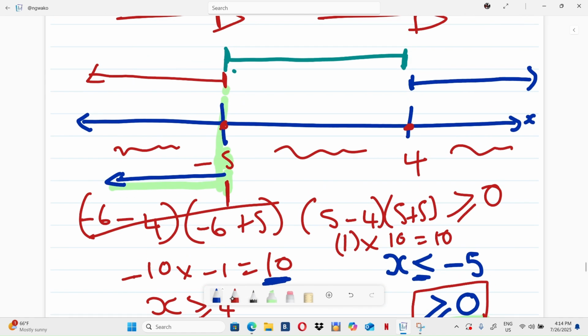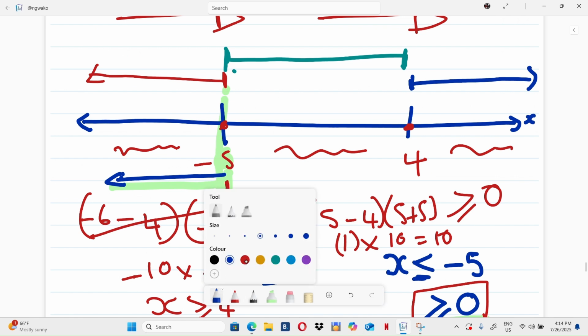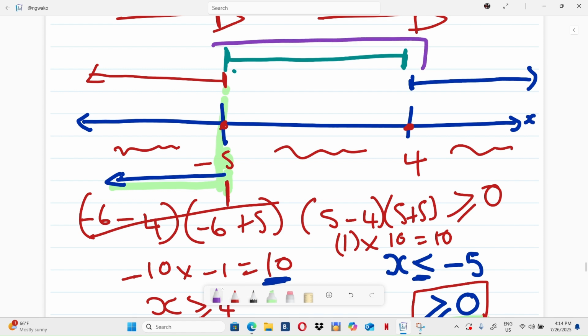See this interval here? This is the interval that we're talking about. Okay, in between, if this gives me positive and positive, in here, what does it give me? It gives me x is less than 4, and also x is greater than what? -5.